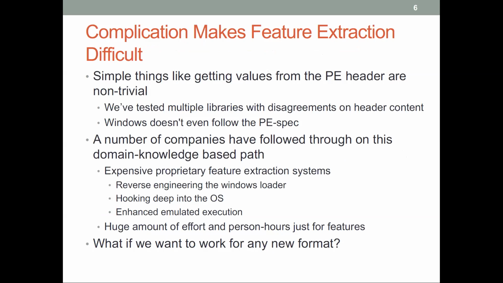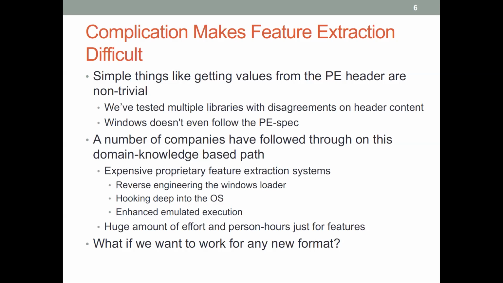They say that they've tested multiple libraries which disagree on the header content, which means that the specifications of the PE format and the PE header format are not strictly followed and are not strictly abided by. They note that even Windows does not strictly follow the PE specifications.